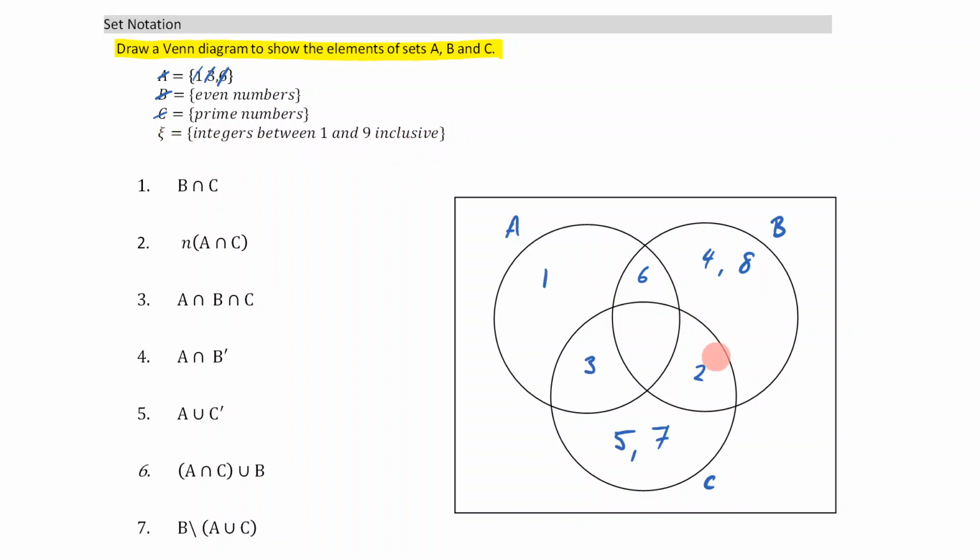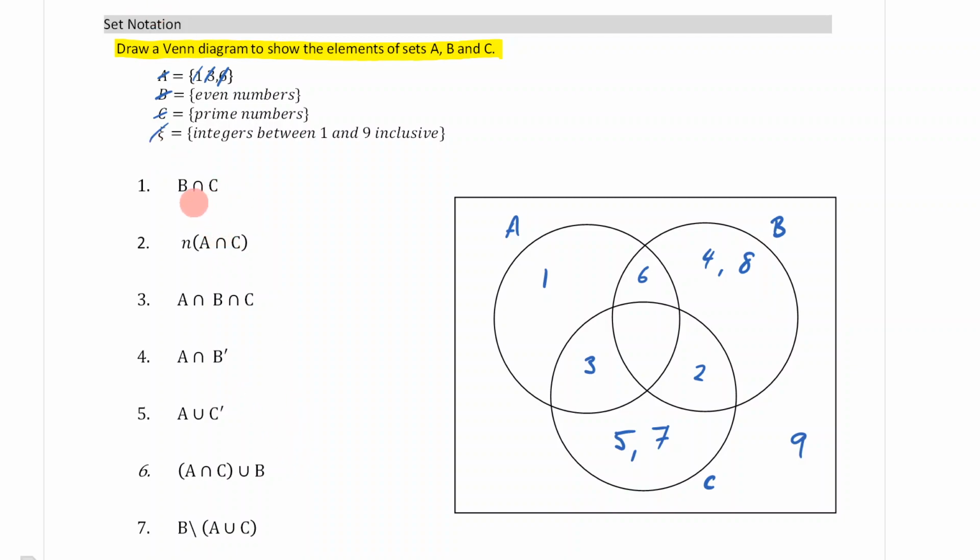Here I have 1, 2, 3, 4, 5, 6, 7, 8, but I haven't included 9, have I? So 9 exists out here. It's very important that you consider that universal set and include all the elements as a part of it.